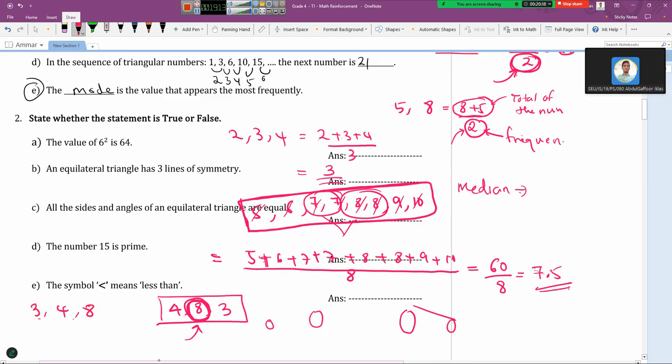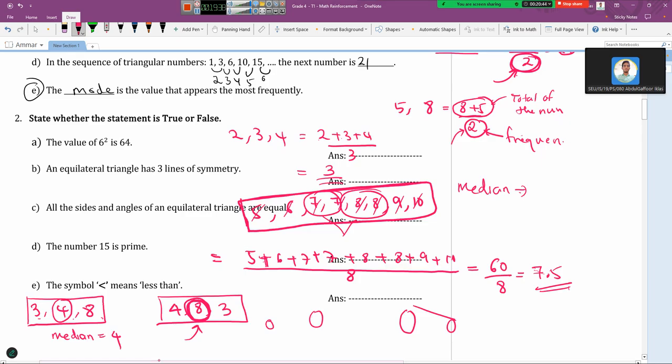After arranging in ascending order, the middle value will be the median. So here the median will be 4, right? Not 8. So median can be found after arranging the numbers in ascending order only.